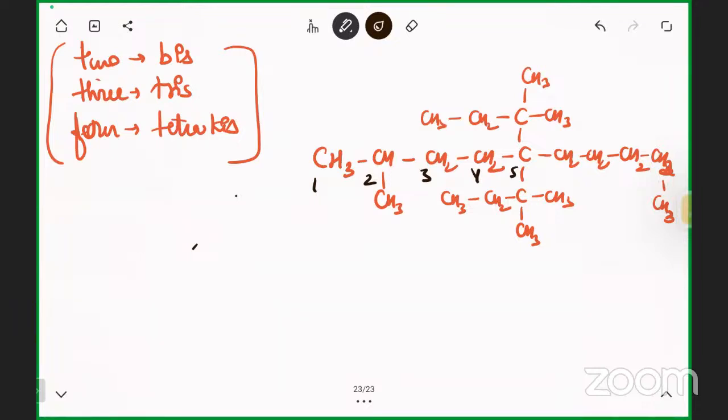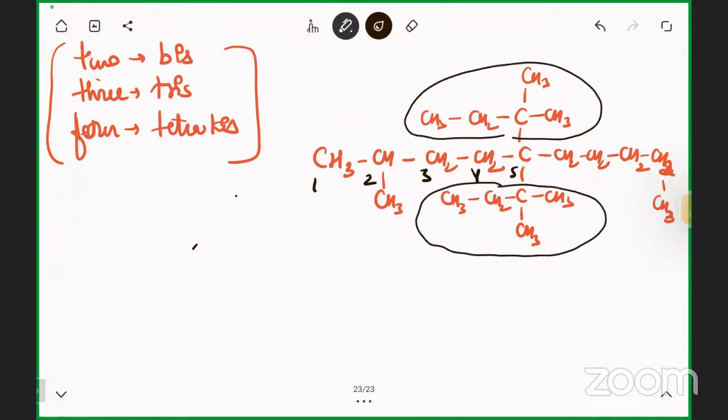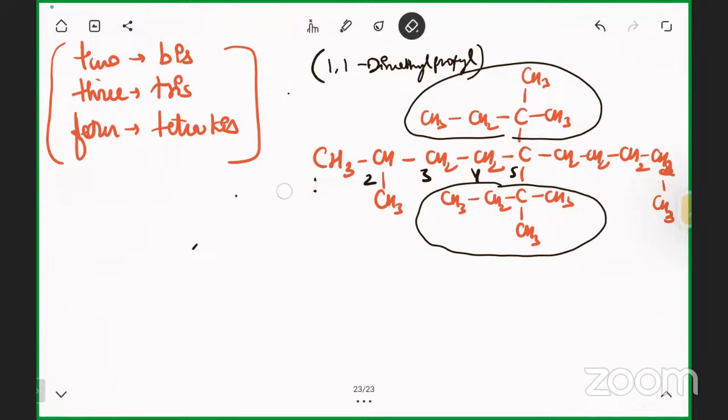On the fifth position, if you see above and below, the same groups are present. The name is 1, 1 dimethyl, but propyl. Methyl and propyl. So the same group is present on both sides. So let's write the name.